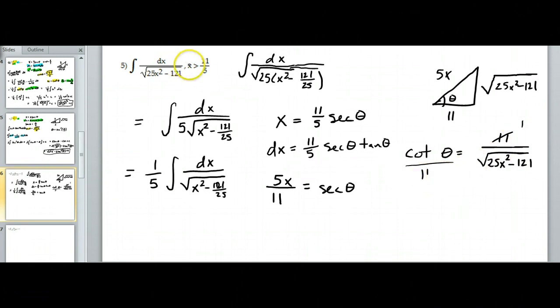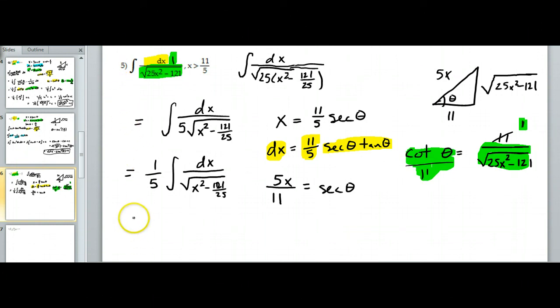Alright, so dx is this, and then I'm going to stick a 1 in there just because we have one right here. So that 1 and this is equal to cotangent theta over 11.